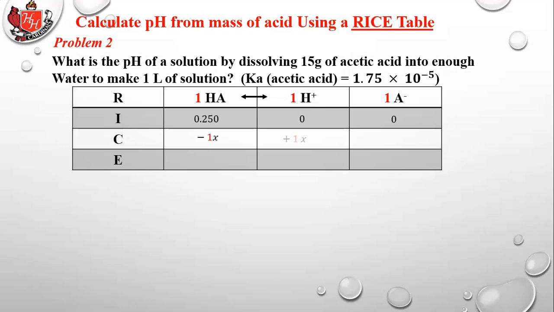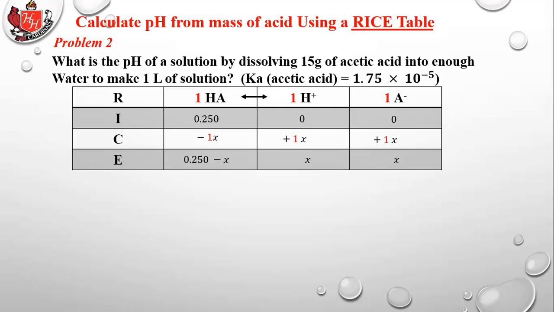Over on the right side, it's plus 1x because on the product side, you're increasing the concentration of the products. And the 1 comes from the reaction equation up above. And then the same thing for the A-. So now we subtract on the reactant side, so it's 0.25 minus x, and then 0 plus x, and 0 plus x. And there you have your equilibrium in algebraic form.